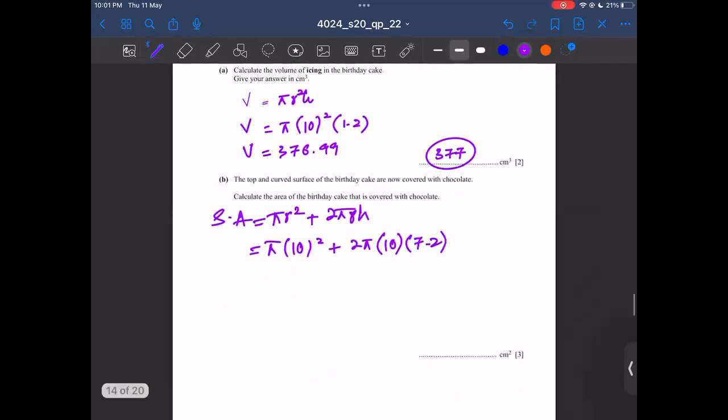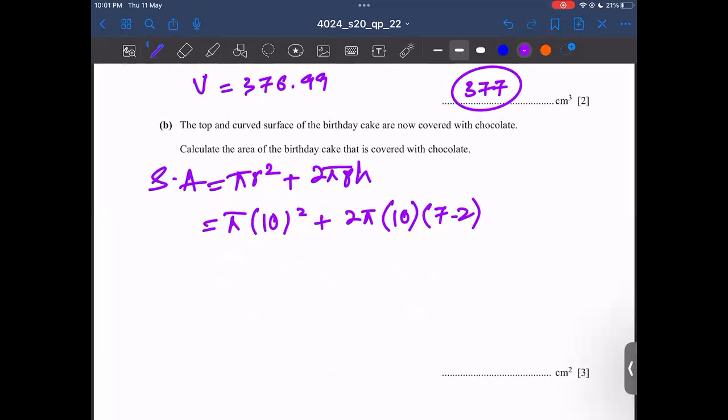Pi r square, pi into 100, plus 2 pi into 10 into 7.2. It is 766.54. So we'll get the answer 767 here, centimeter square. I've just given the answer in 3 significant figures.